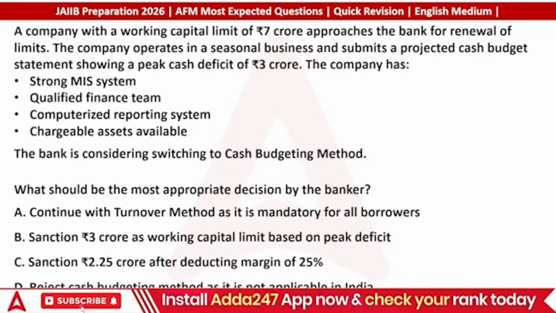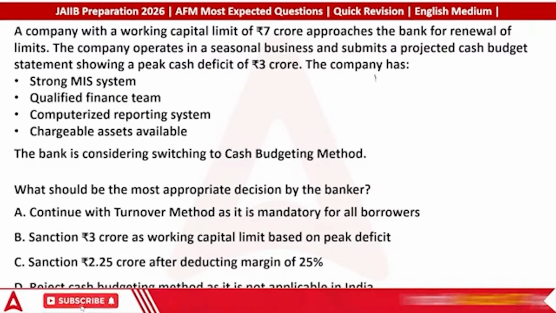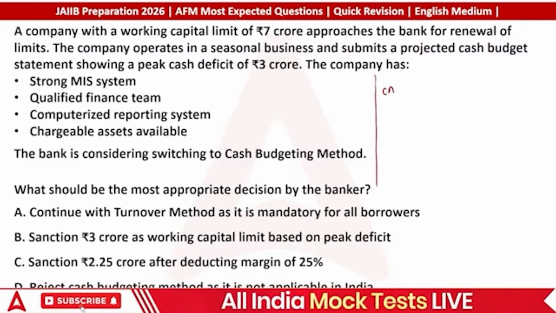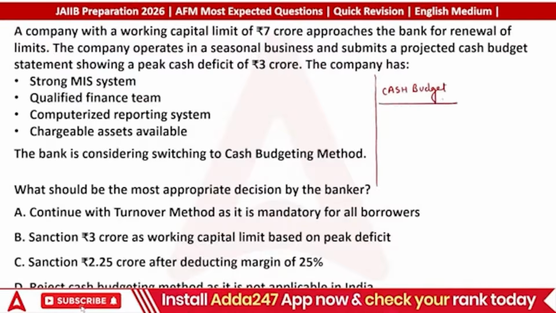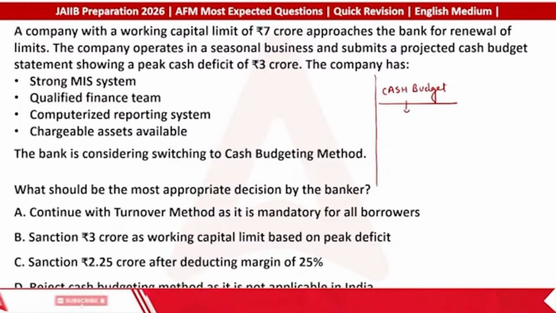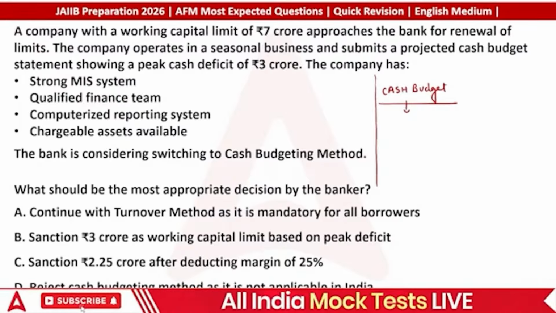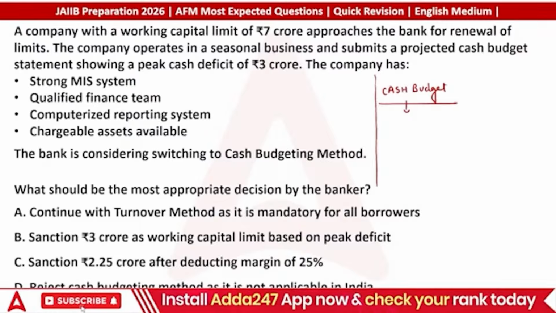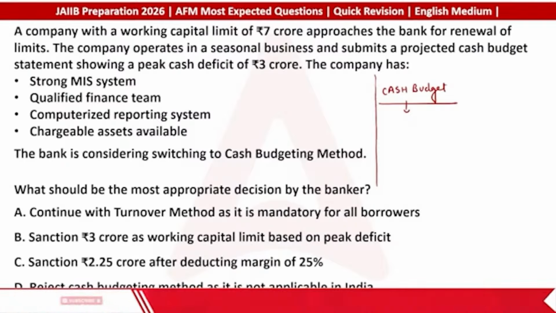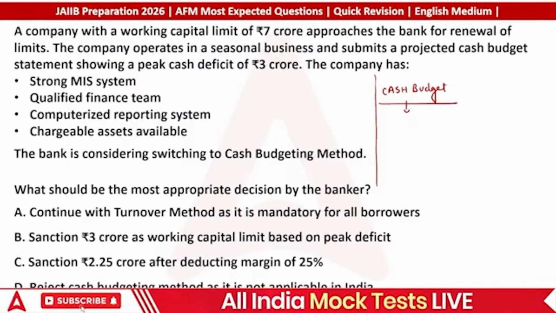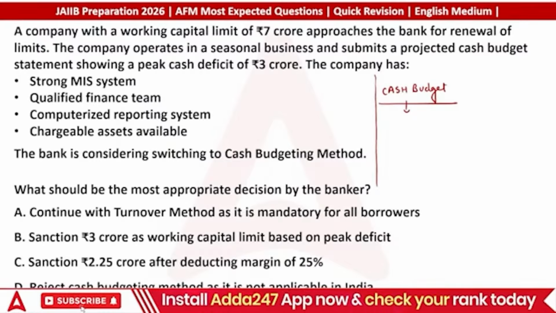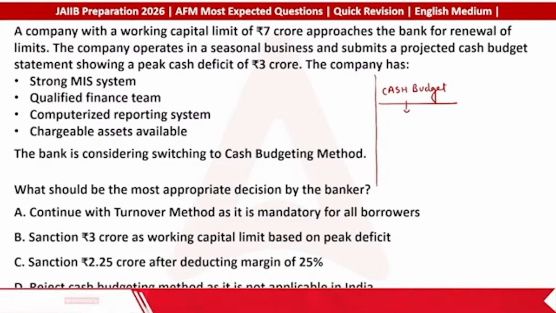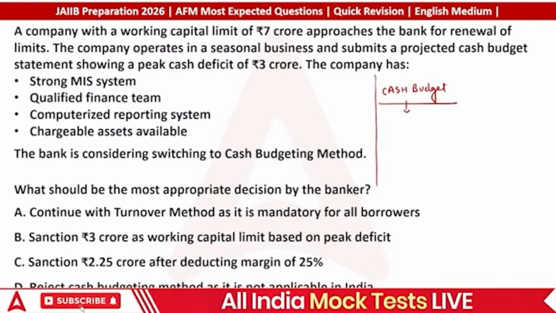Now, here, if we talk about the cash budget method, this method works on the basis of peak deficit. So this method works on the concept of peak deficit. Now, what is peak deficit? Peak deficit means the month where the organization has incurred more outflow and less inflow, so that would result in deficiency.